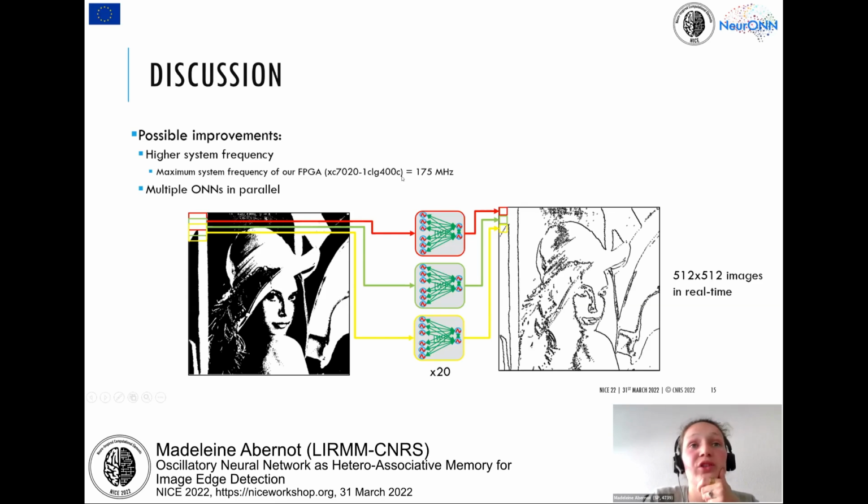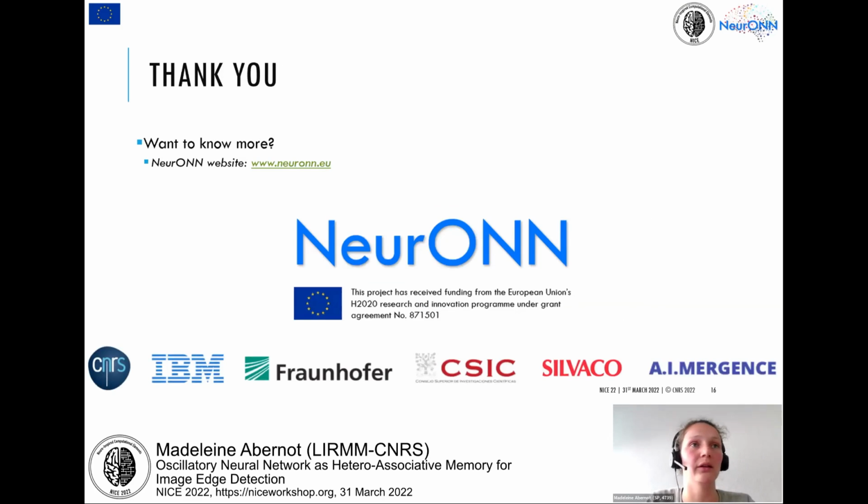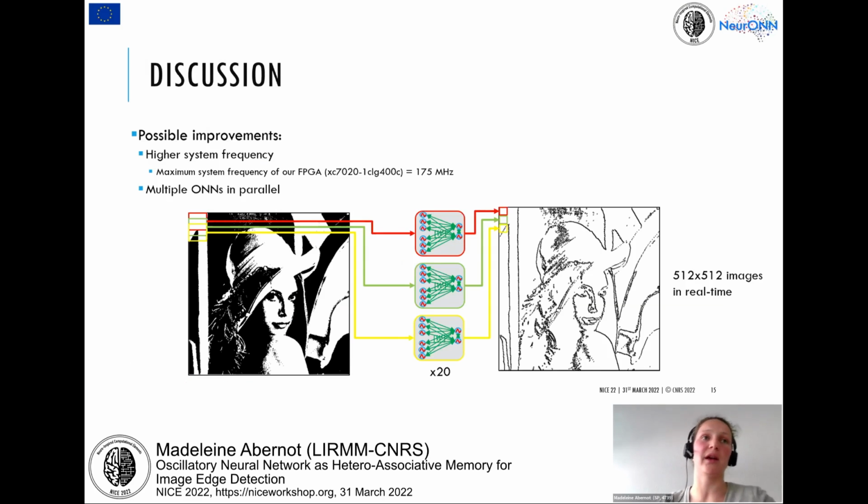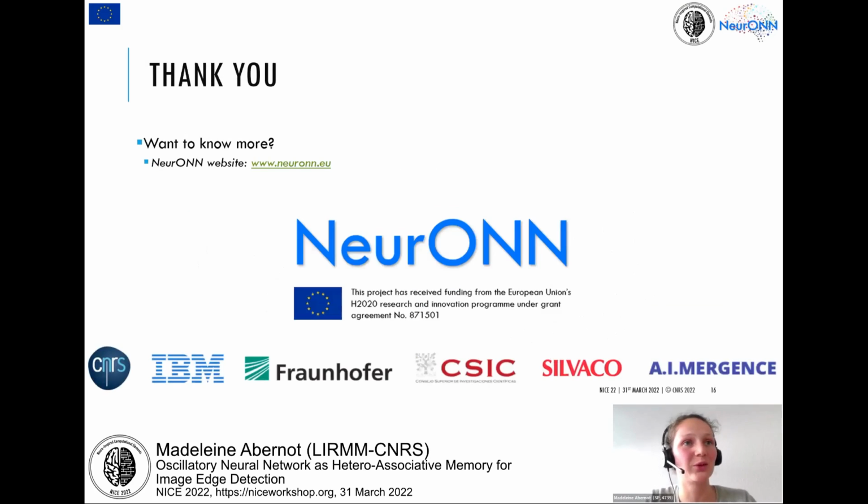Also, the FPGA we consider has a maximum operating frequency of 175 megahertz, so we could also consider using a more powerful FPGA to have a higher frequency and so a faster computation time. So thank you, and I'm open for questions.